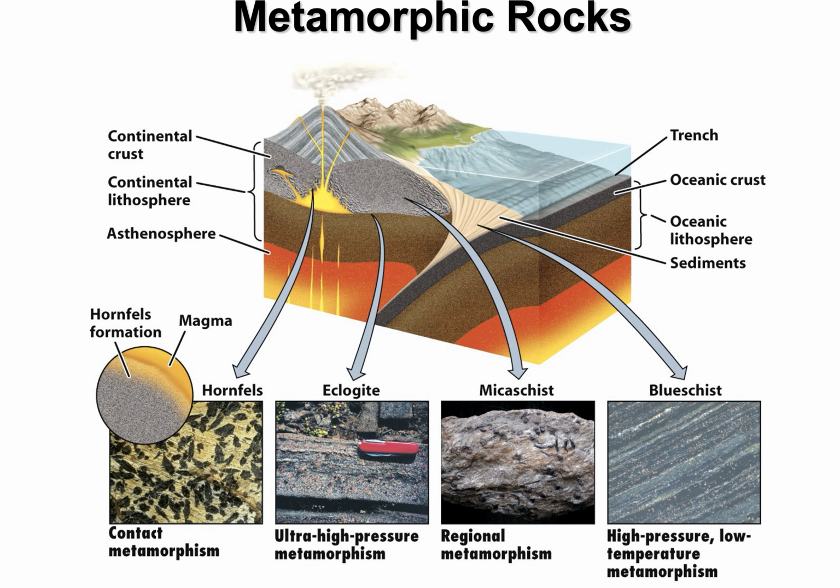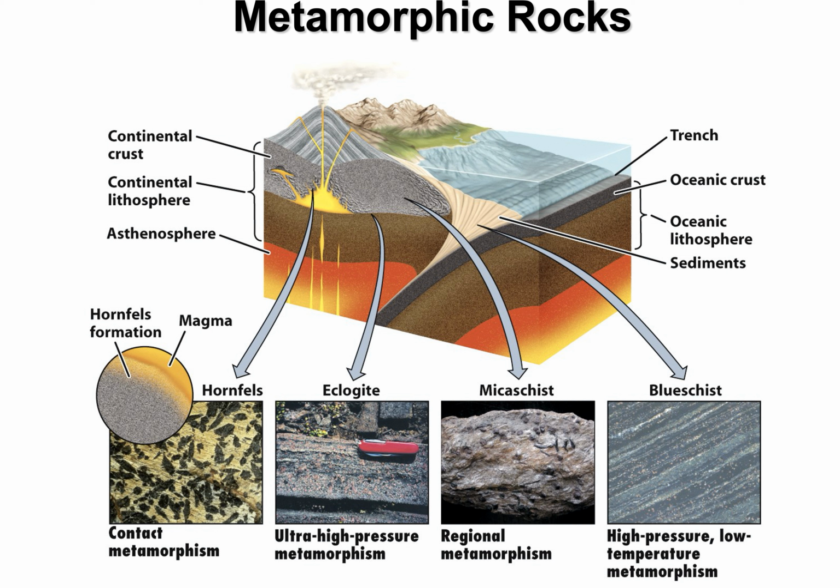And then we will form a so-called hornfels. The hornfels is a typical contact metamorphic rock. Then during ultra high pressure metamorphism, that means we have a lot of pressure on it, we will form, for example, an eclogite.